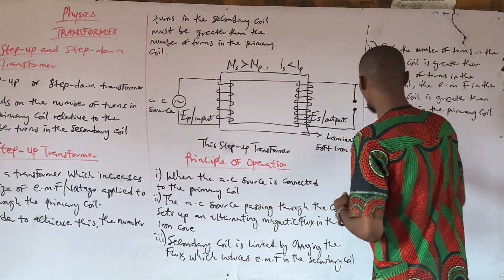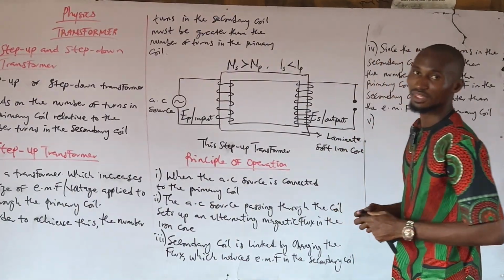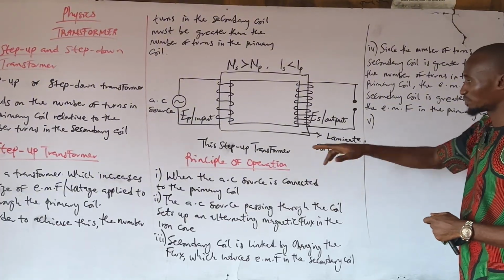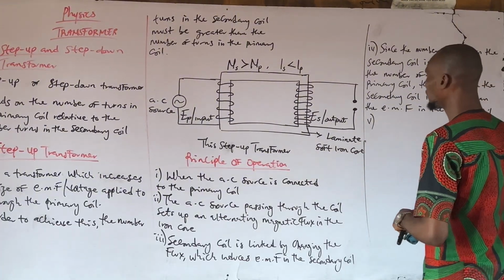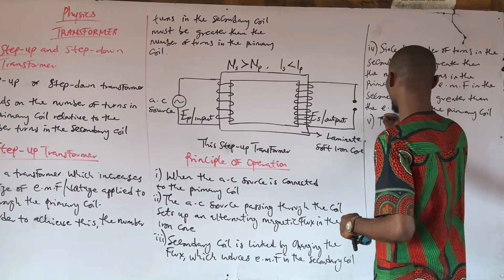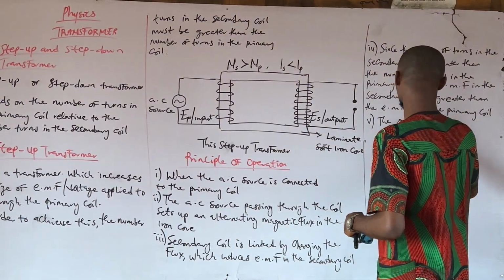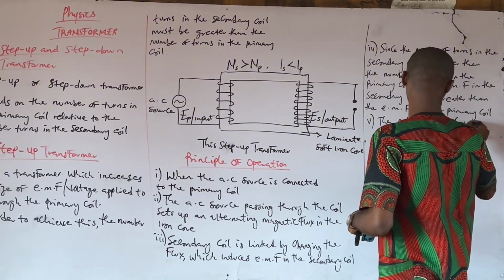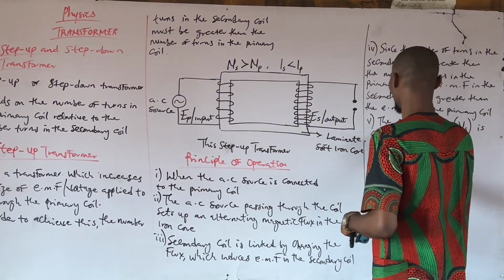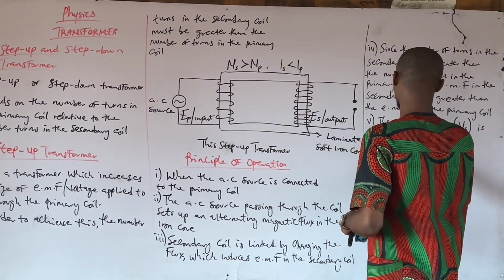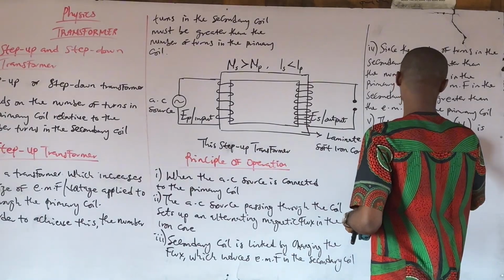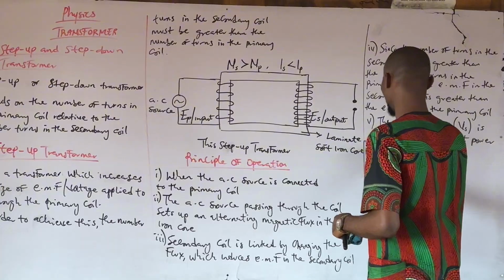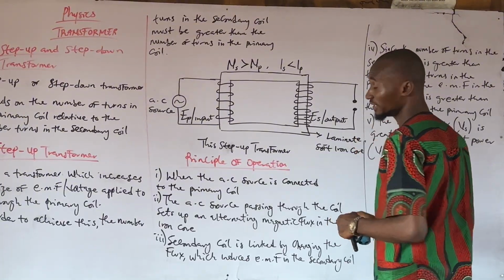Now, five. What is the fifth principle of operation? The fifth one is that the output power, that is VS, is greater than the input power, that is VP.